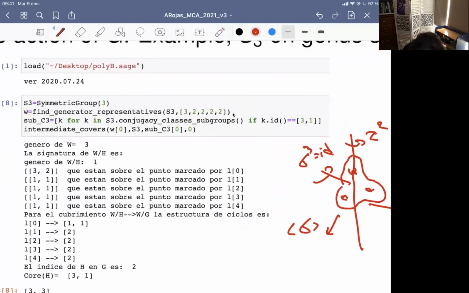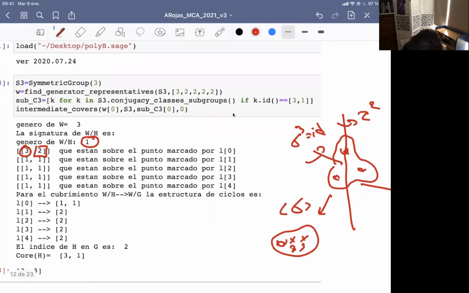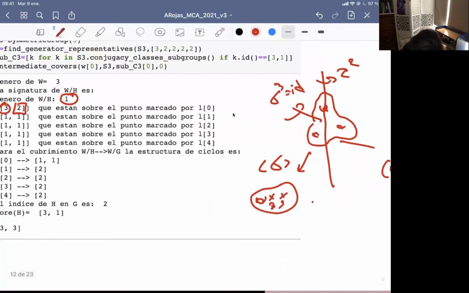So it says that the quotient by H has genus 1, and you have 2 points marked with a 3. So the signature here gives you something like that. Okay. And then the other covering goes to P1, and it is, of course, of degree 2.